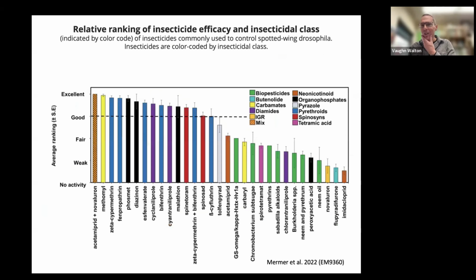This was the slide we looked at a little bit earlier. I want us to focus on just one or two compounds here. The go-to compound that many growers use is the one right here in the middle, spinosad. The problem with spinosad is that it is the only really good compound that organic growers are able to use.